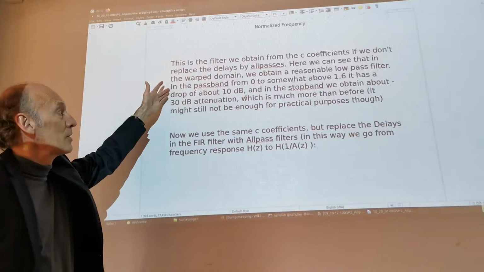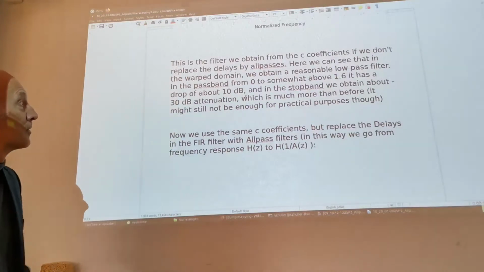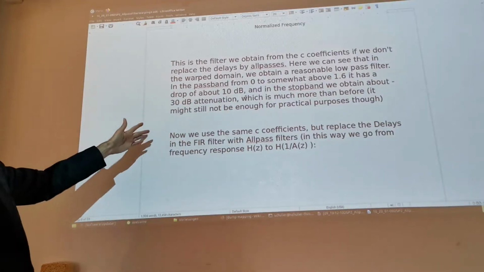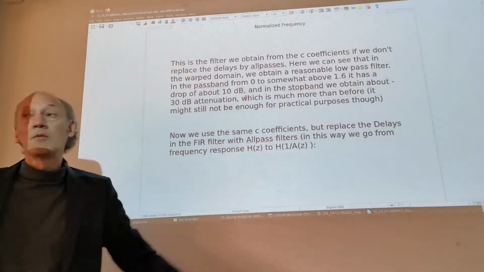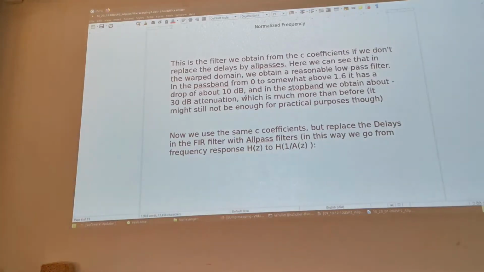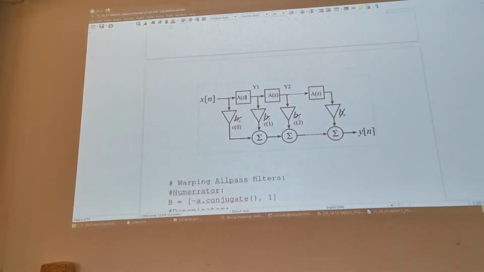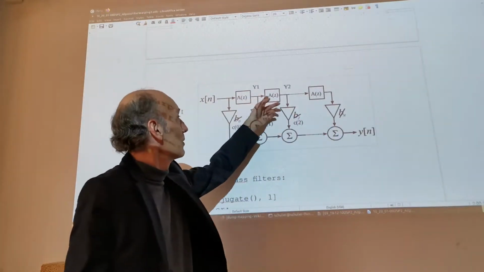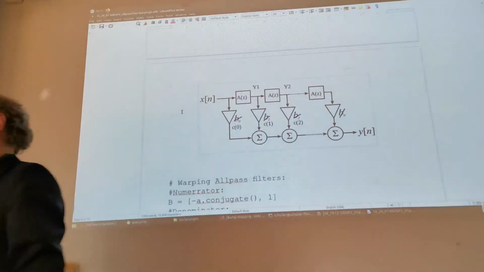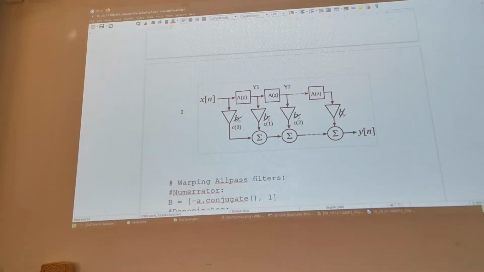We replace all the delays by all-passes. Right? So here, instead of z, we use this all-pass. So here you can see how it looks. We have 4 coefficients, meaning we will have 3 all-pass filters.